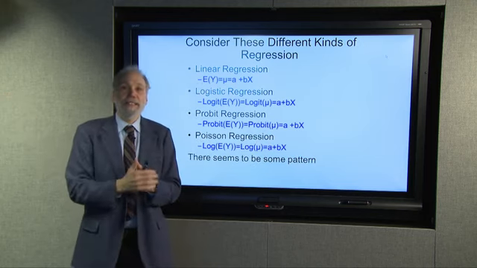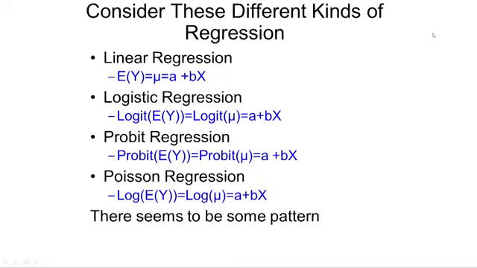Now let's go to a logistic regression. To stay with my respiratory theme, suppose I was looking at yes, no, whether or not you had emphysema. Well, in that case, I do a logistic regression.